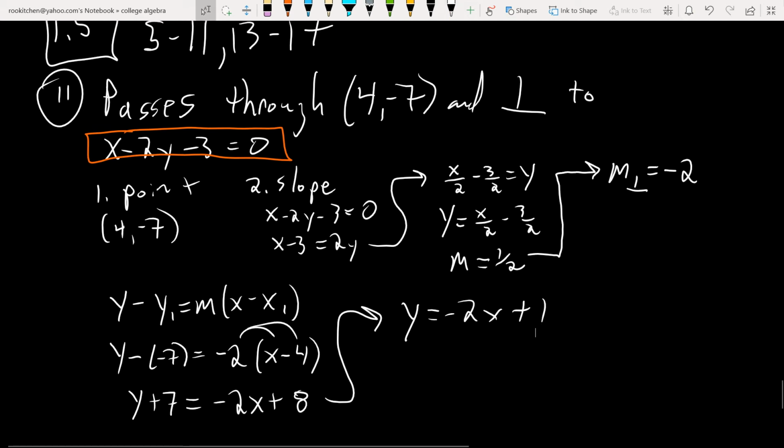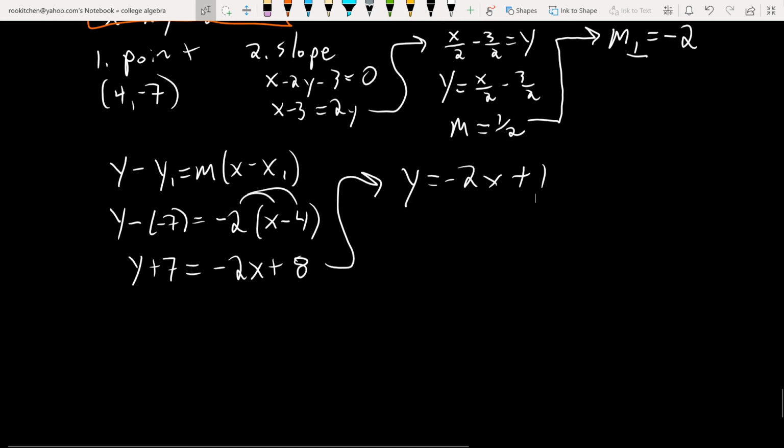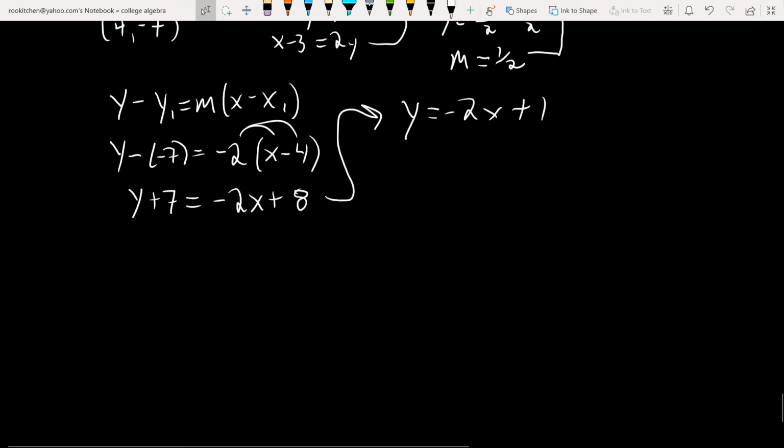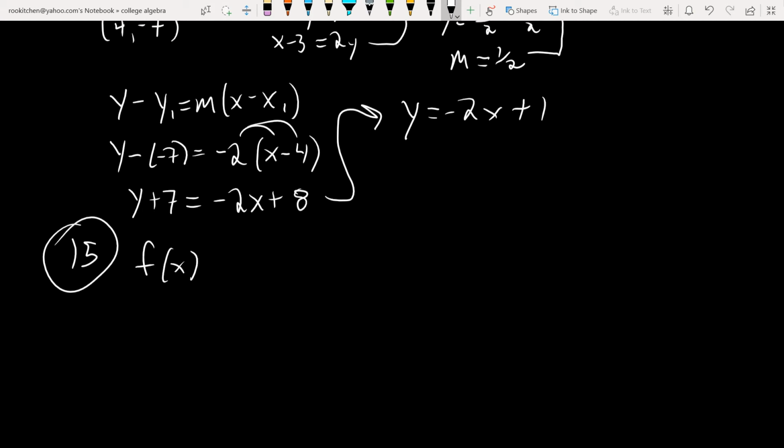Okay. All right. We also had average rates of change in here. So these are speed problems, right? It's kind of like a slope idea. So anyways, let's look. f of x is x squared plus 2x. I want to find the average rate of change going from x1 equals 3 to x2 equals 5.